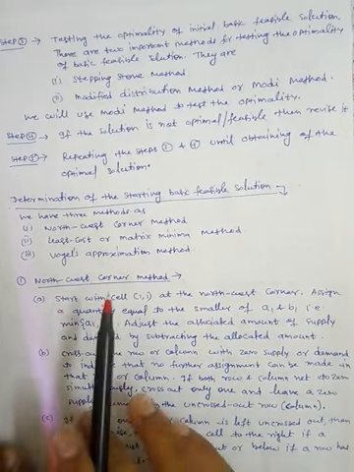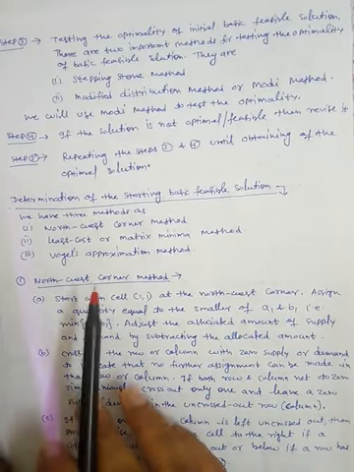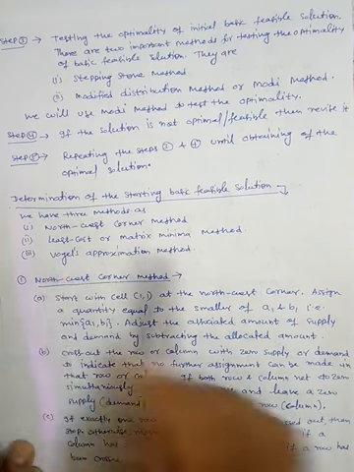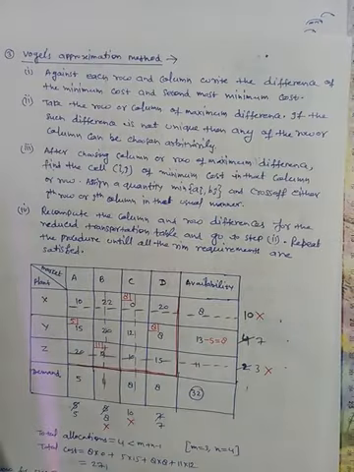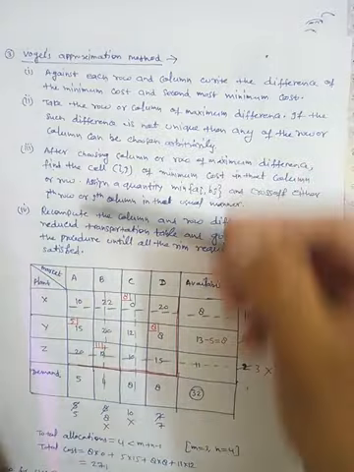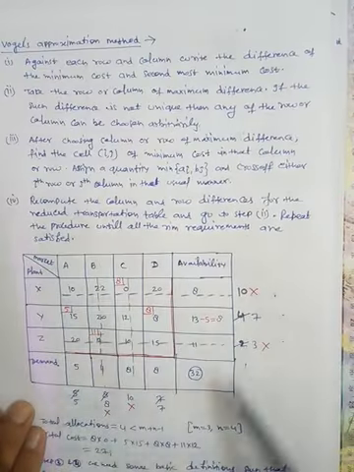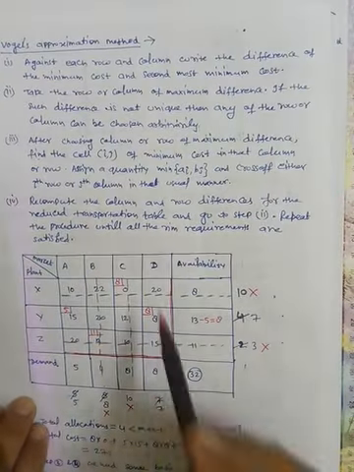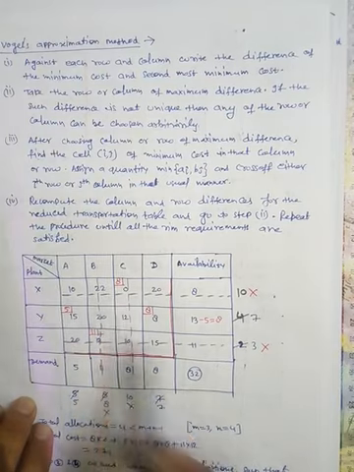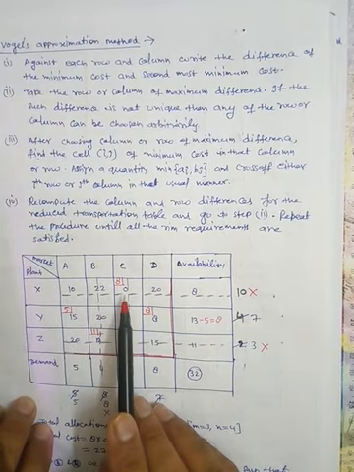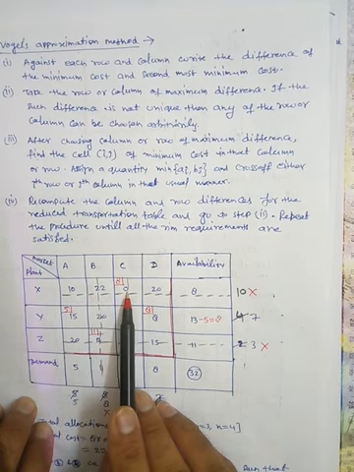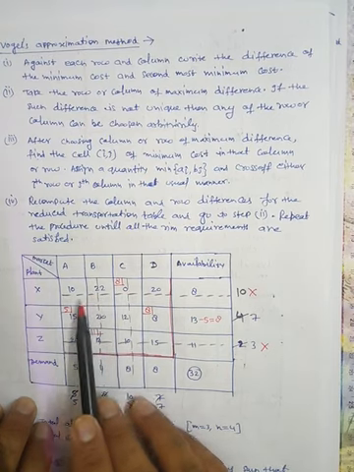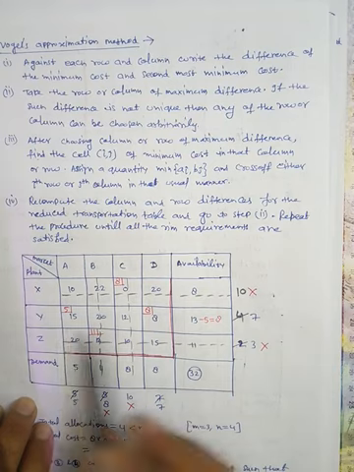So now I am considering the last Vogel's approximation method table, which is here. We have already discussed the method. First you have to calculate the difference between the least cost and the next least cost corresponding to each row as well as column.